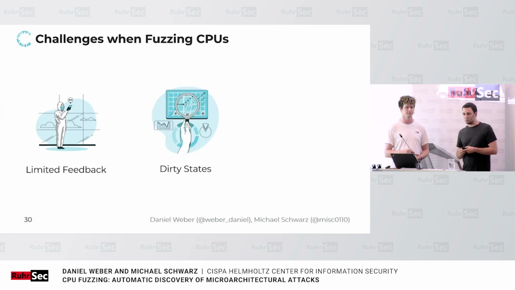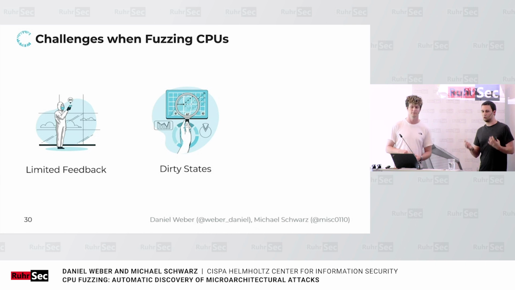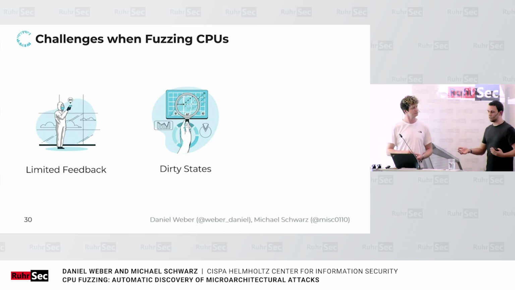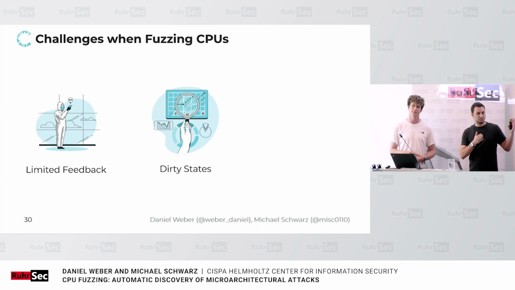On a CPU, we have a lot of state, and it's not easy to reset a CPU to a known clean state. That's not only because we have to reboot it for that, but also there are many, many things running on the system. It's not only our test application, but there's an operating system, there are drivers involved, interrupts for the communication with the devices. So everything changes the internal state of the CPU, and getting a clean state, that's really difficult.